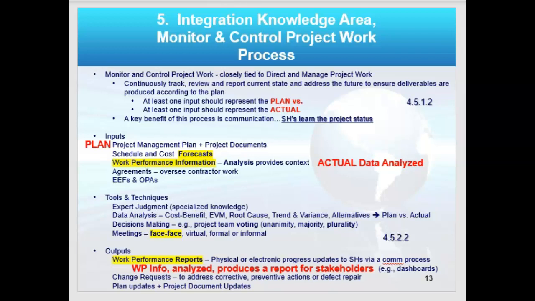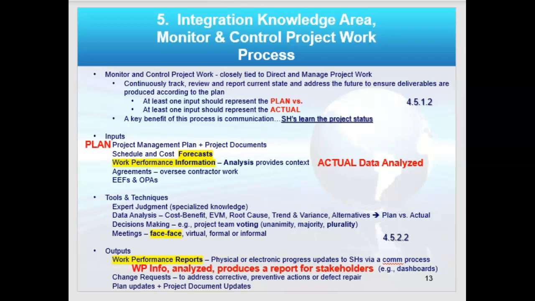So I'm comparing those two all the time. So I have my inputs, tools and techniques, and outputs. In my inputs, I'm going to compare my plan. So you see the project management plan in the documents. That's my plan. Versus work performance information. That's my actual data that I analyzed, right? Information is analyzed was the key word.